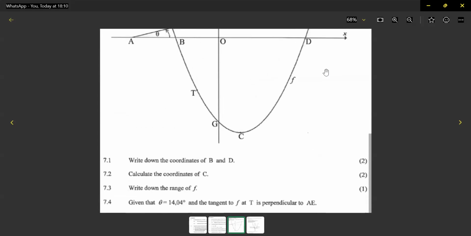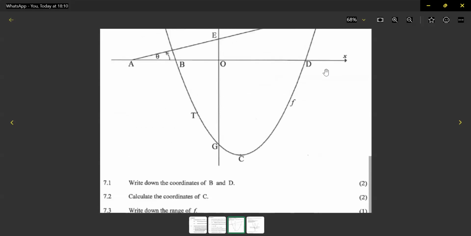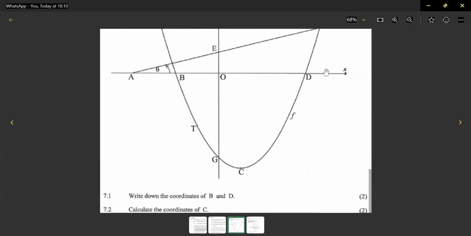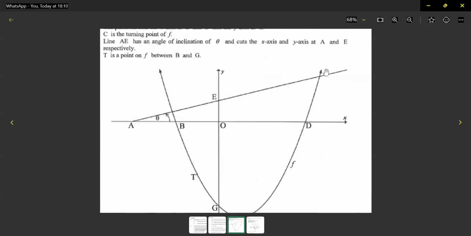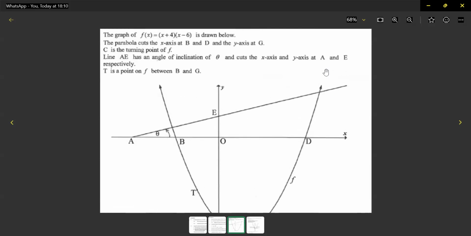Listen to what they say. They say to us, if you draw a tangent at the point T, it's going to be perpendicular to the line AE. And remember that theta is the angle of inclination of the line AE.